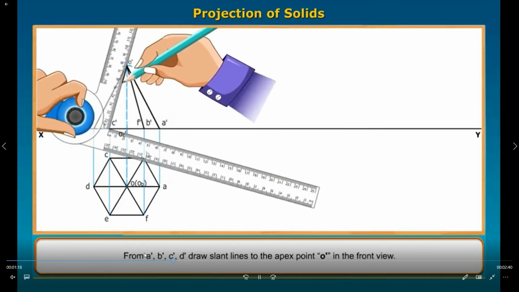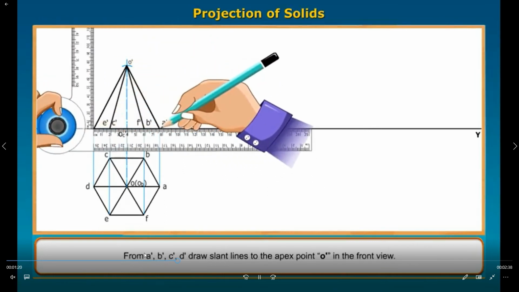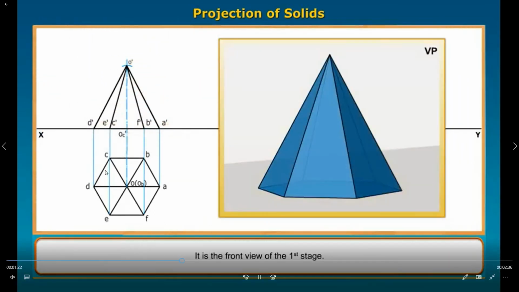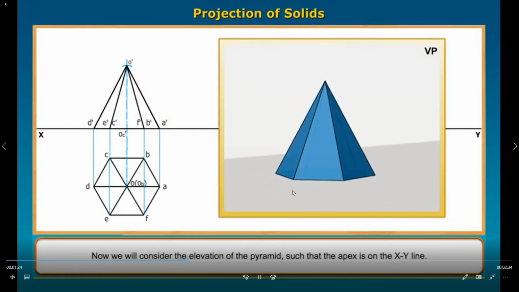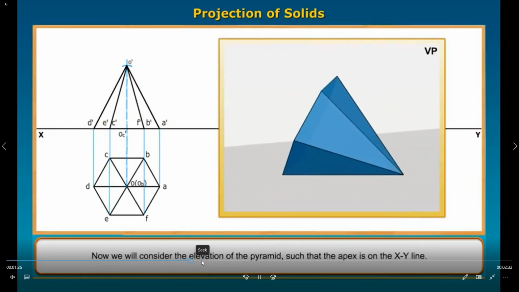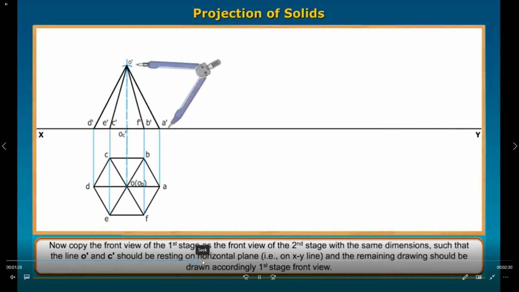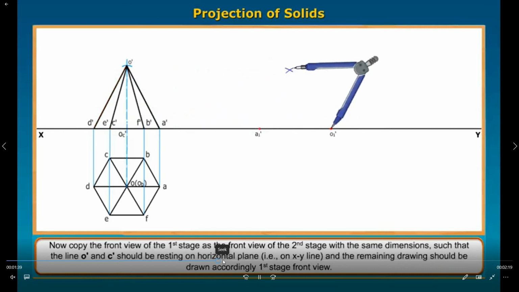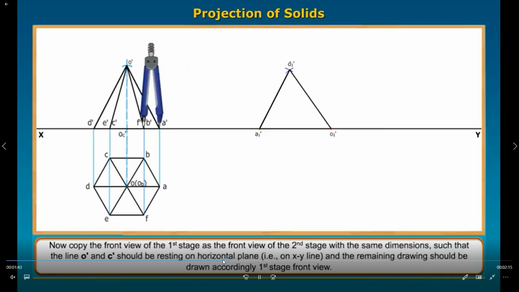Same as the previous pentagonal pyramid, same side distance, but that problem was a pentagon. This problem is a hexagon. Same problem, but the shape is a hexagon. In this way, you observe here. With the help of the compass, you measure the distance and draw the arc. Now, what are the points in the front view?